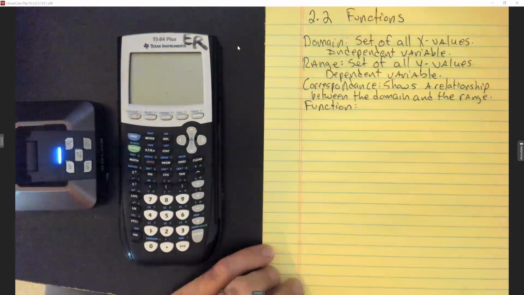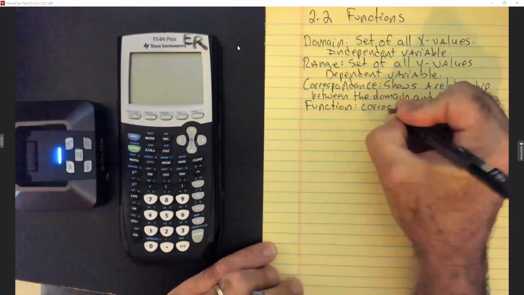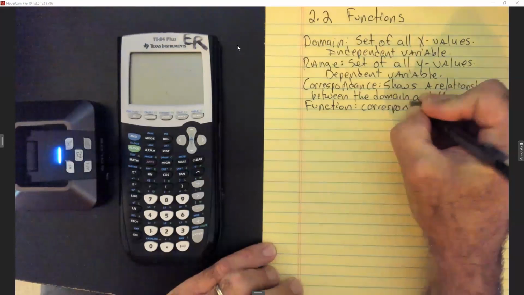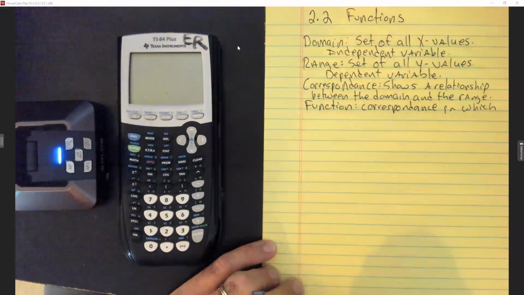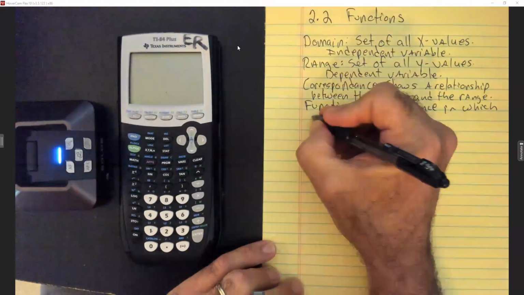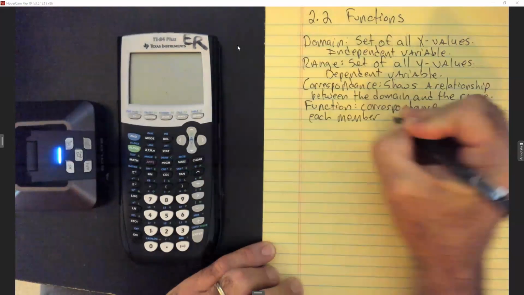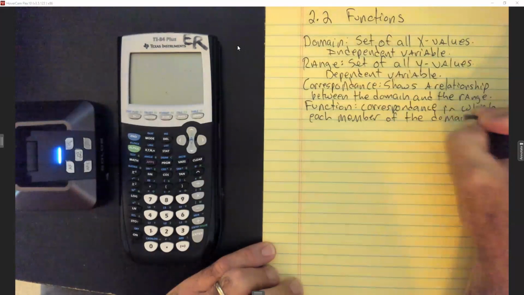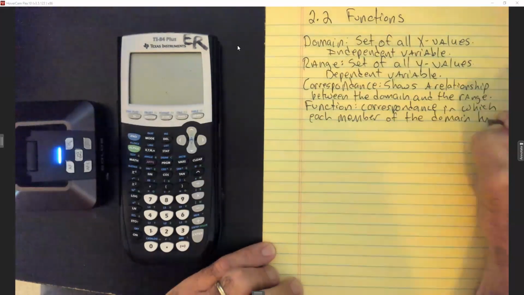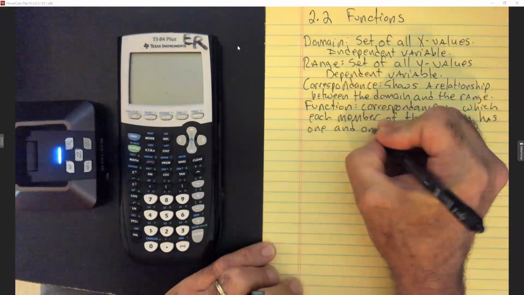So a function is a correspondence in which each member of the domain has one and only one range value.